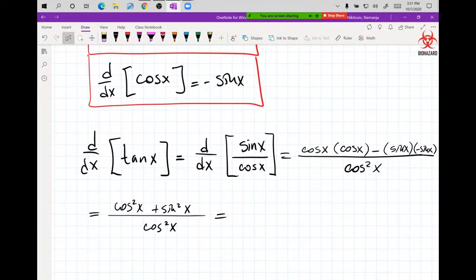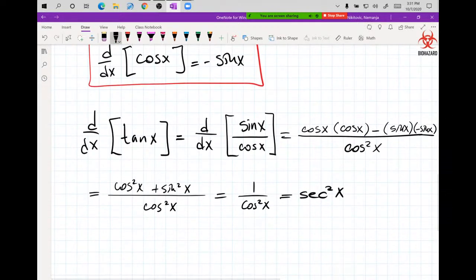From this point, you have two ways to deal with this. You can say this is equal to 1 over cosine squared x, which is secant squared x, right, in a basic identity.